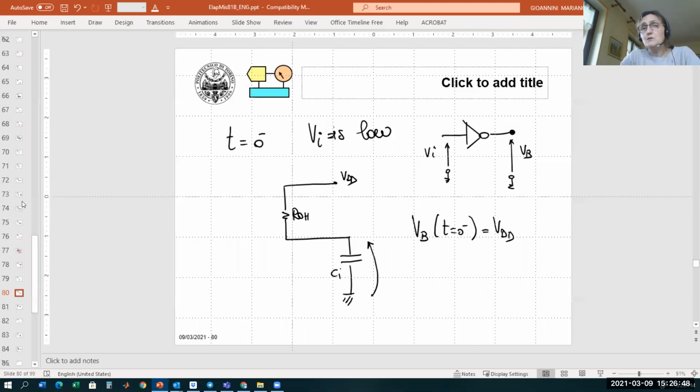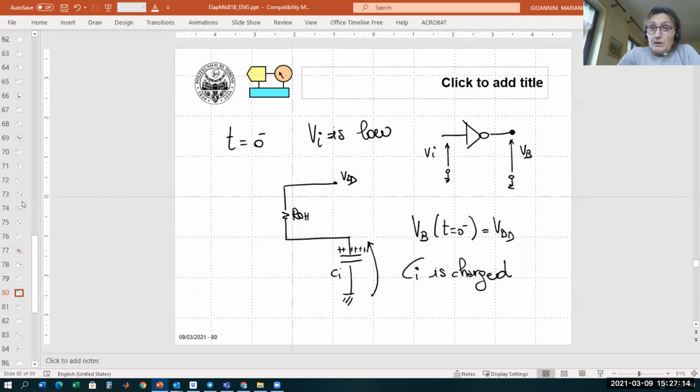In other words, we start with an initial condition where the capacitor C input is completely charged. Before, we started with the capacitor discharged. Now we start with the capacitor charged, so it means we have all the accumulation of positive charges here.